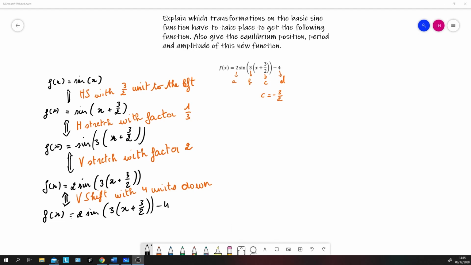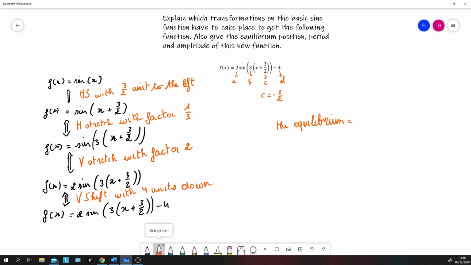For the second part of this exercise, we need to find the equilibrium position, the period, and the amplitude. But first, the equilibrium. So, we know for the standard sine function that our equilibrium is 0.